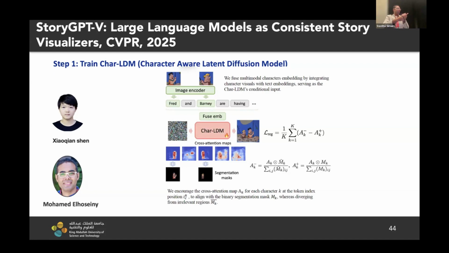And since we know the segmentation mask of the character, you can encourage the multimodal model to have high attention to the intended region of the character, and to have the least attention, or not overlap, with other regions in the image. And this is basically this loss, and this makes it more character aware.